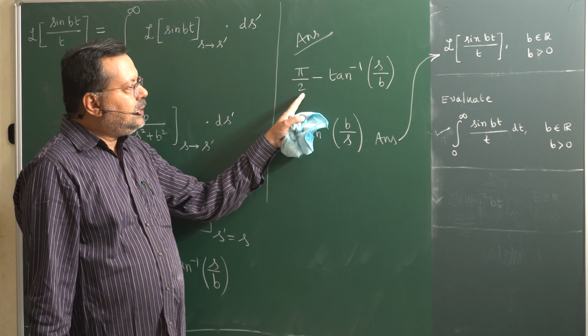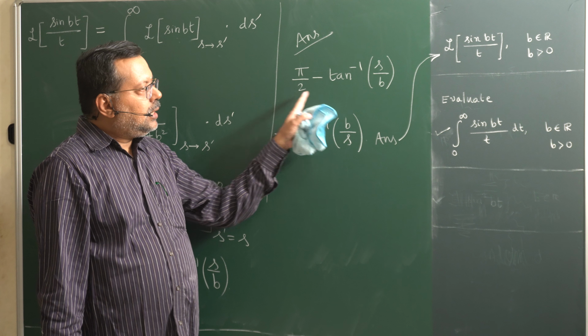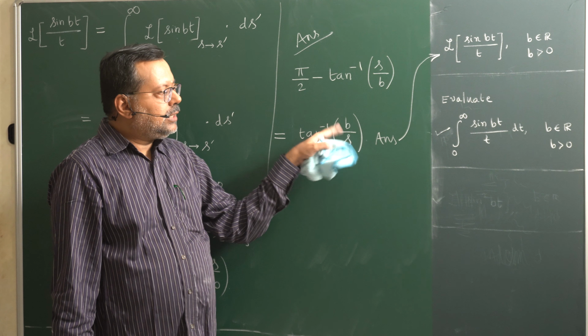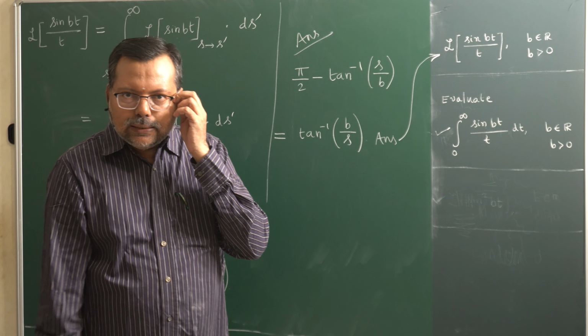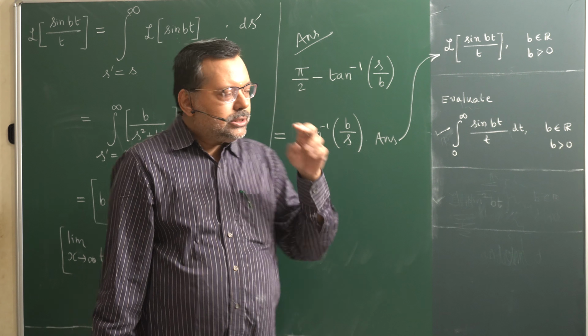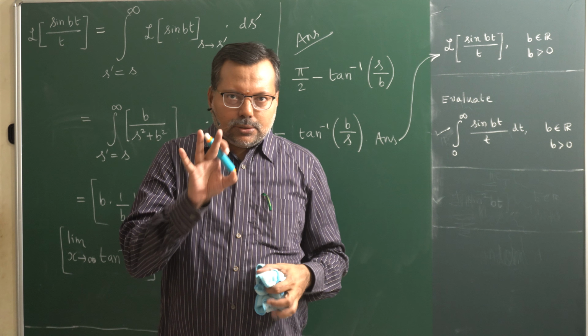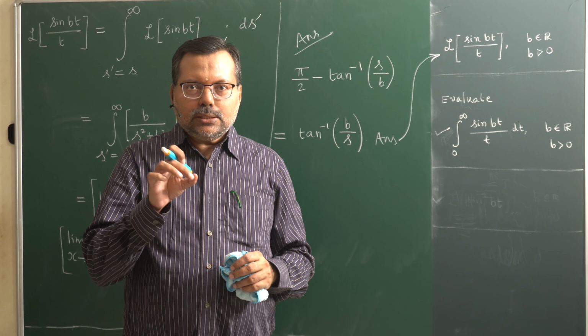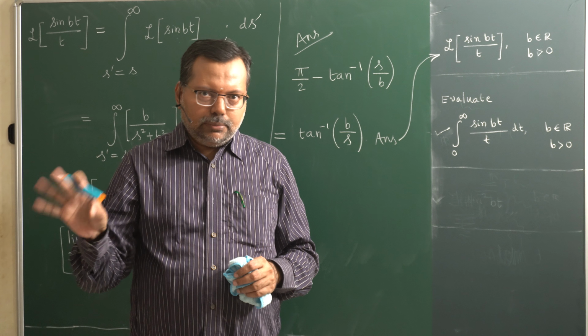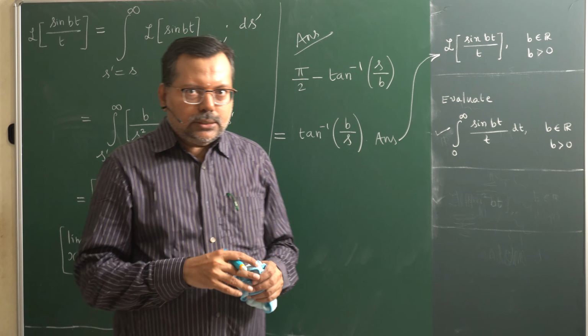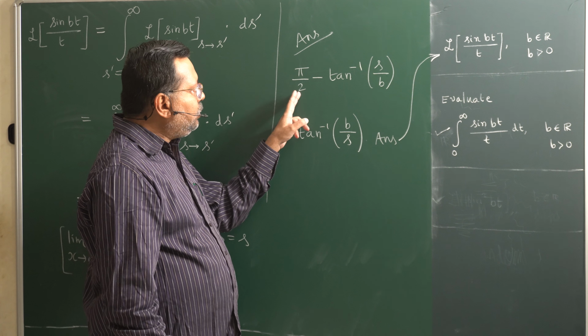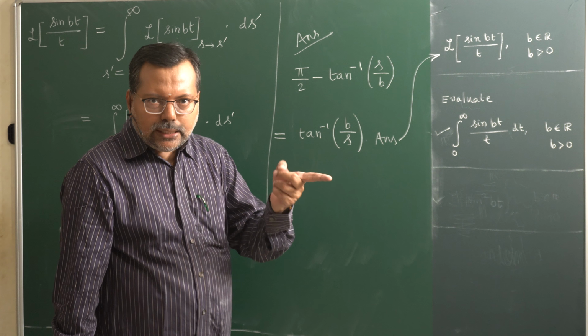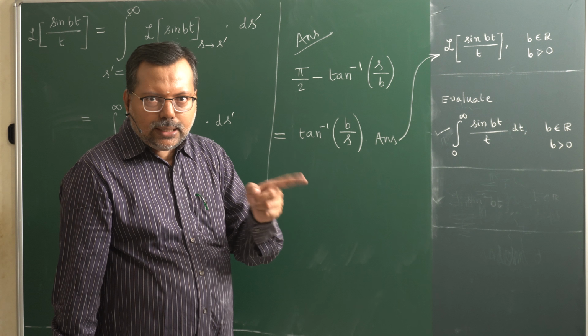So this pi by 2 will disappear, and because of that this becomes inverted. The reason is a basic relation: sin inverse x plus cos inverse x is pi by 2, and tan inverse x plus cot inverse x is pi by 2. Because of these relations, pi by 2 is related with sin and cos, tan and cot.